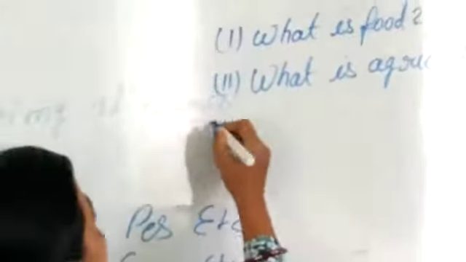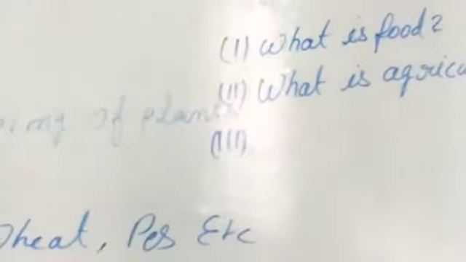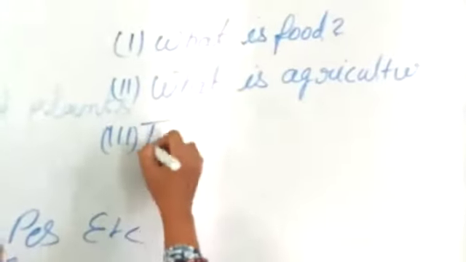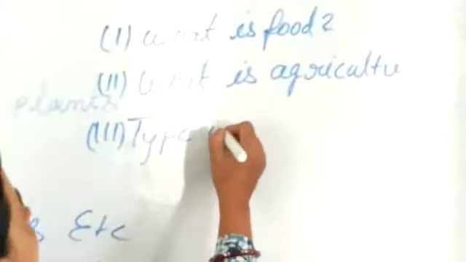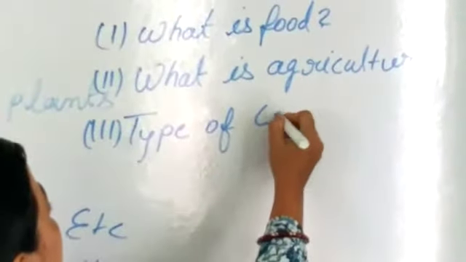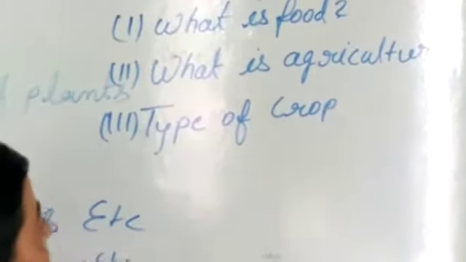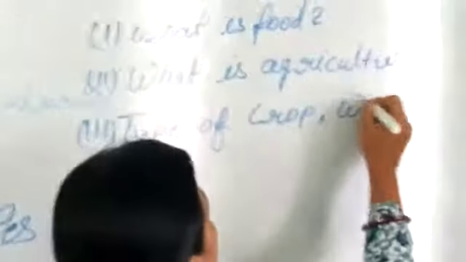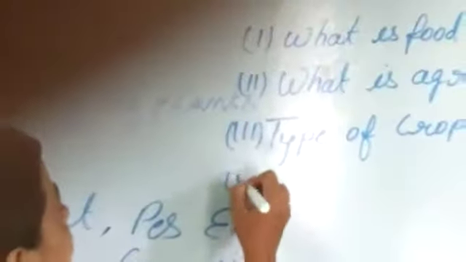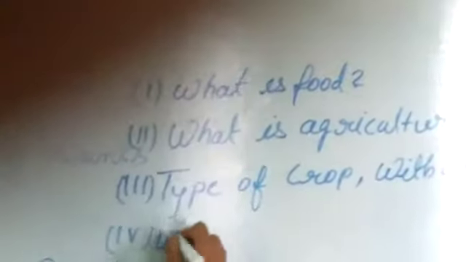Third is types of crops with examples. Fourth is what is horticulture.